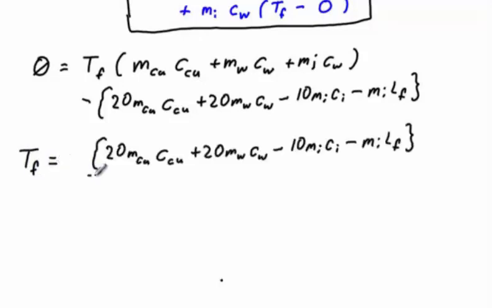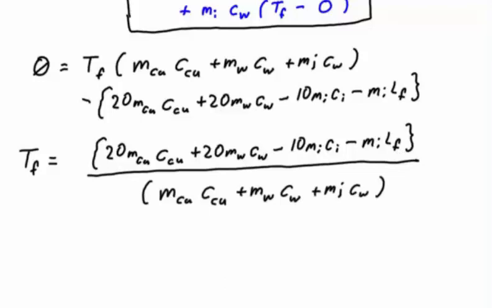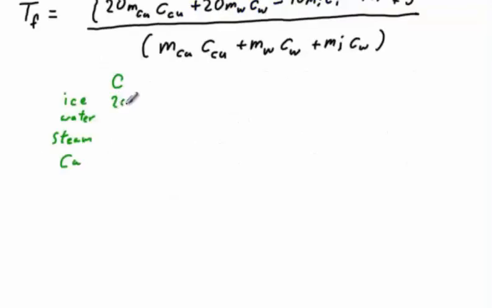In the numerator is the term that was not multiplied by the final temperature, and in the denominator is the other term. We'll need to consult our textbook to learn all the specific heats. The specific heats of ice, water, steam, and copper are 2050, 4186, 2080, and 386 joule per mole Kelvin.